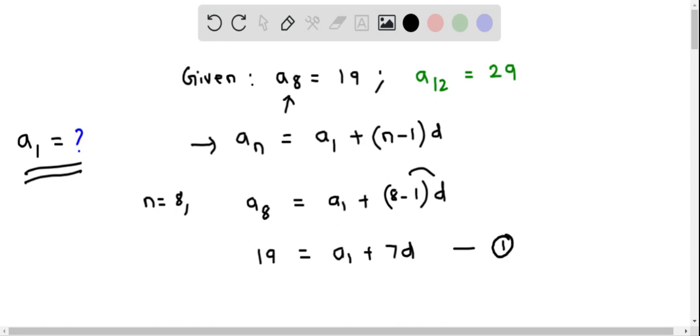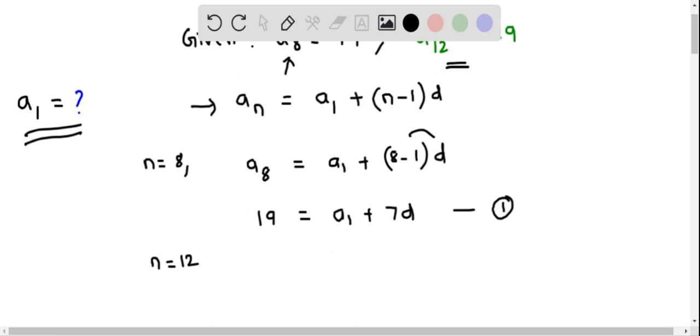And now I'm going to plug in n equal to 12 because we are given this value a sub 12. So we will replace n by 12 into the nth term of the sequence. So therefore we will get a sub 12, and this equals a1 plus 12 minus 1 times d.